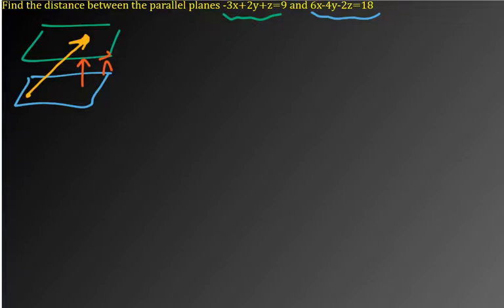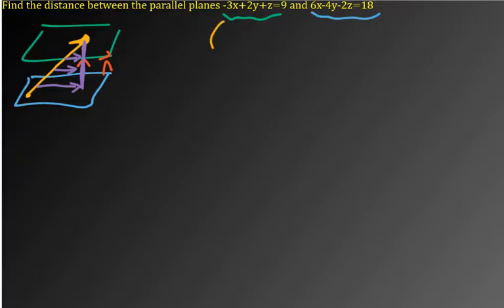And then we're going to project this yellow thing onto the normal vector. What that will do is scale the normal perfectly, even if the normal was past here, so that this is the true distance, the vertical measurement of the distance between the planes. So that's the way we're going to do it.